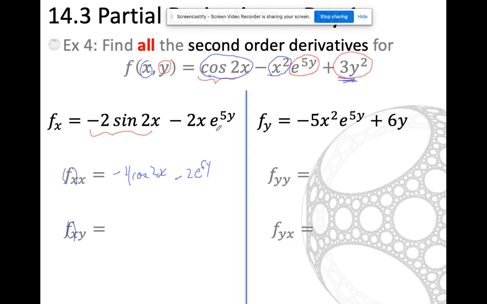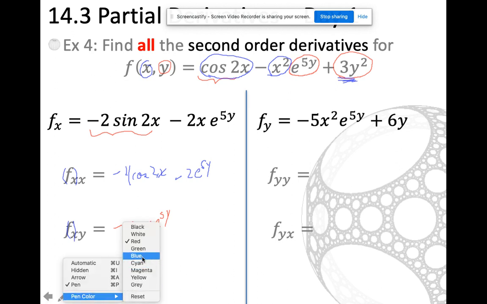And now you're taking the derivative of e to the 5y with a constant in front of it. So that's 5 e to the 5y times that constant.